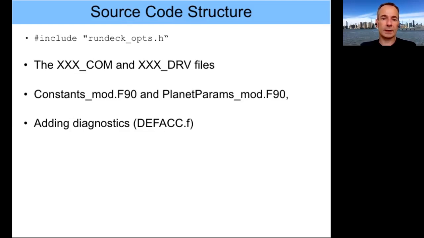The important thing is that for this to happen, you need to have the line that is listed in the first bullet in the Fortran files. If you do not have it, then the C preprocessing options in the run deck are ignored. You don't have to worry about that in the files that you already have, but you need to remember it if you are creating new files yourself, doing some development.